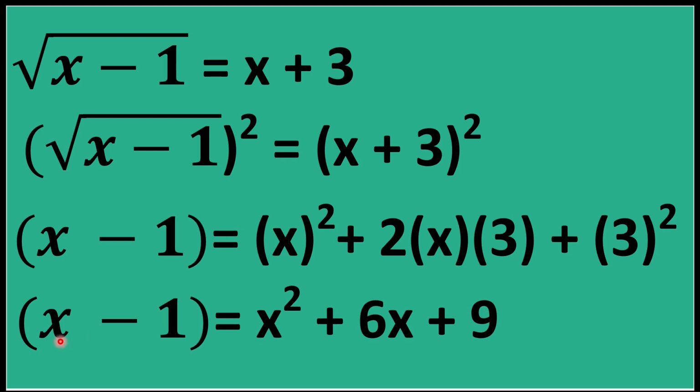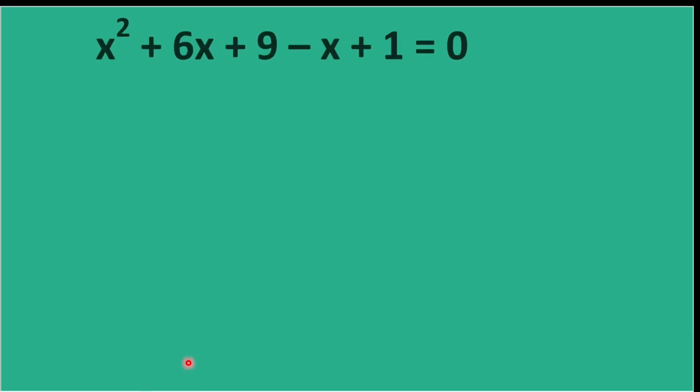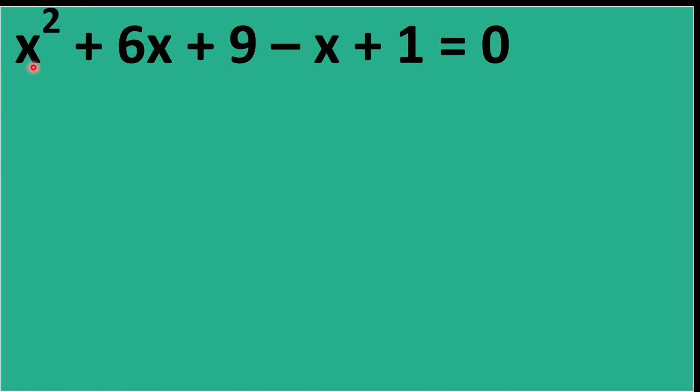Now we will send this x minus 1 to this side of the equation. So this minus x, this x will become minus x, and this minus 1 will become plus 1, like this. So overall this equation will become x square plus 6x plus 9 minus x plus 1 equal to 0.